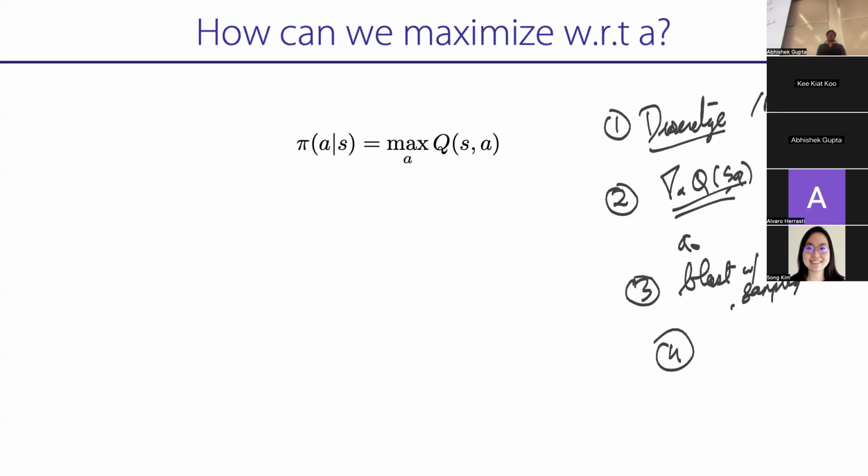Yeah, some optimizer, right? Let's say this is a 0th order optimizer, this is a 1st order optimizer, but you're running test time optimization here. The challenge with test time optimization is that it's slow. Yeah, but it's reasonable. Is there anything we can do structurally with the Q to make this maximization easier?